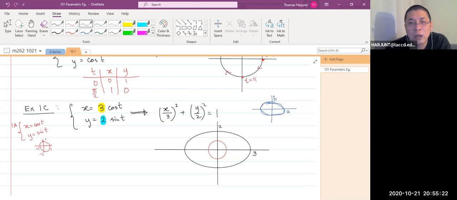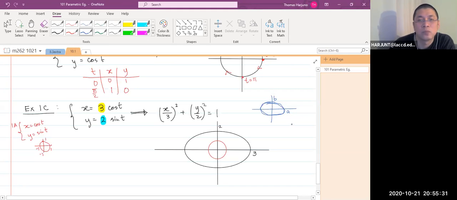What is the area of an ellipse with major radius A, minor radius B? The area is pi AB.